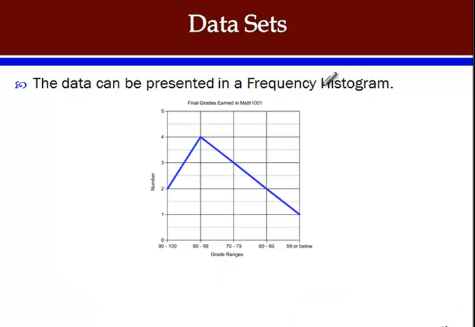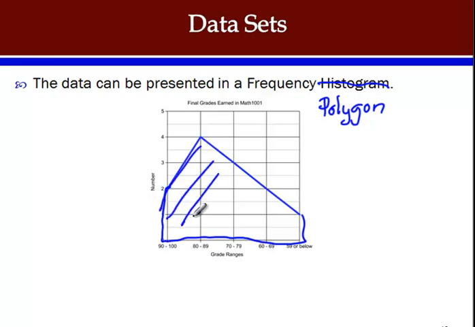Data can also be represented in a frequency polygon, and this should be the word polygon, not histogram. And the reason it's called a polygon is if I were to draw in this right here, this is a polygon shape, with 5 sides, so it's a trapezoid of some sort.